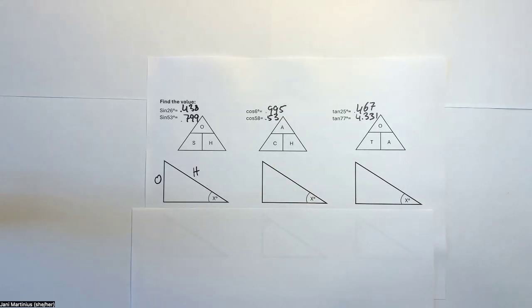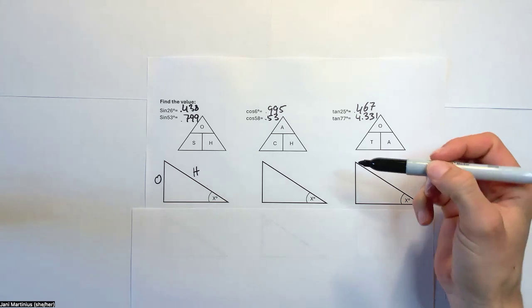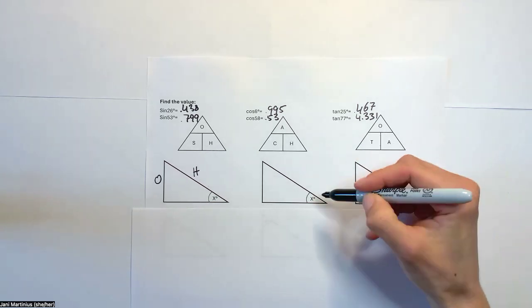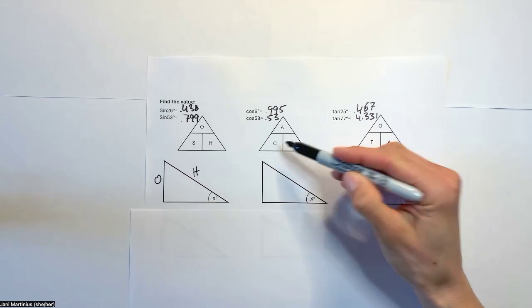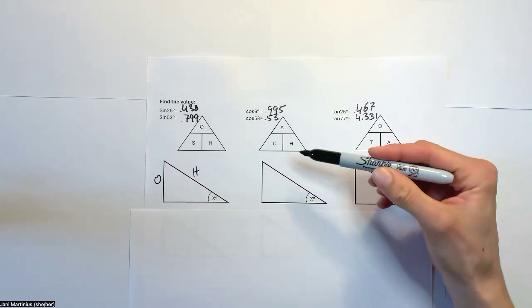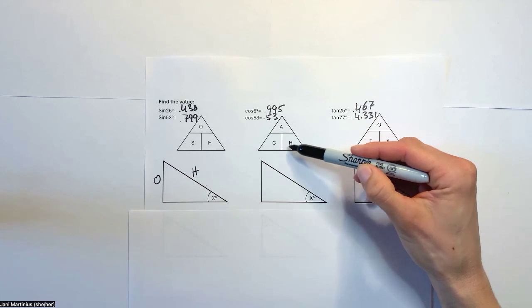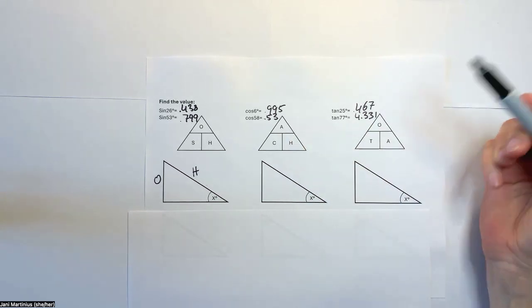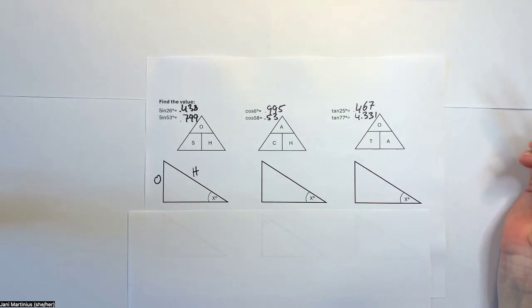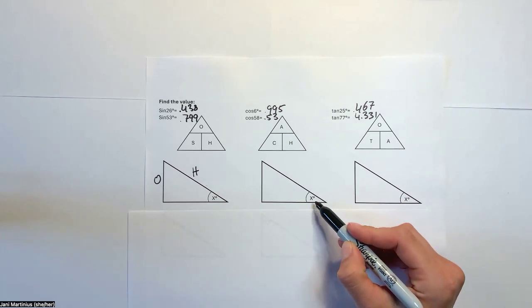Let's move on over here to the CA. In this version, we are using cos because we have available to us an angle, a hypotenuse, and an adjacent side. Either they're available or that's what we're trying to figure out. This is where our angle is.